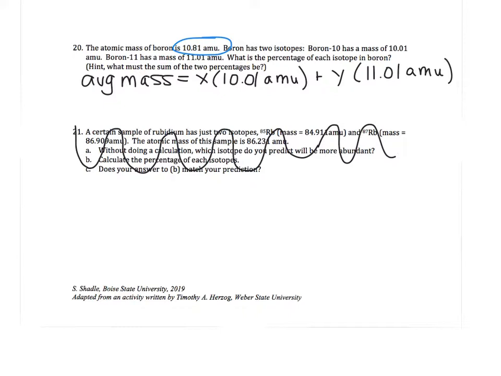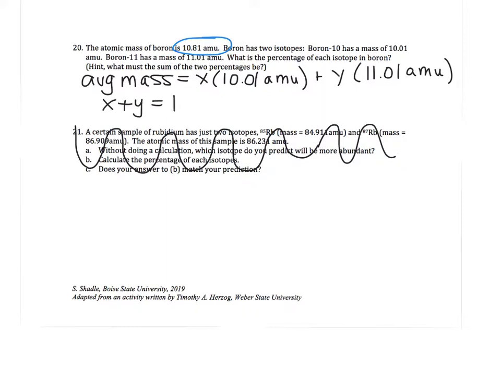So we must need to rely on another equation or another relationship in order to figure out what X and Y are. Now, we're told that boron has two isotopes. And the other thing we know is that the fractional abundance of all the isotopes for a given element need to add up to 1. So the other thing that we can say is that X plus Y must equal 1.